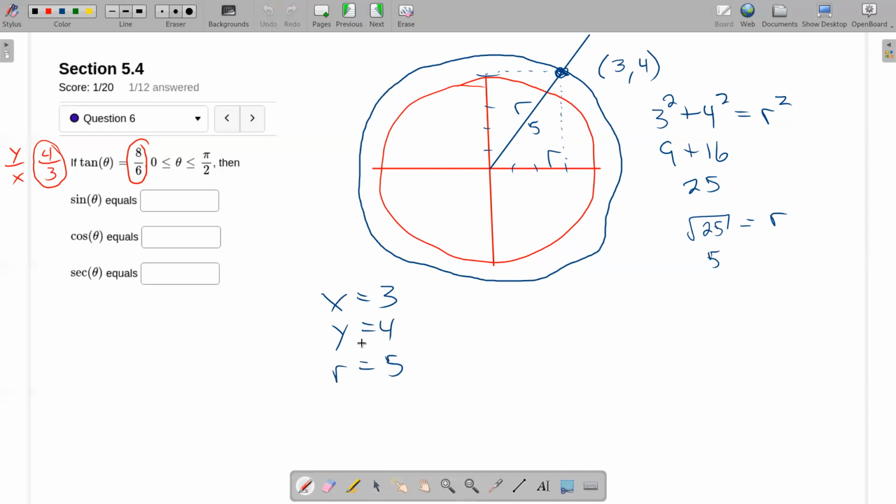Sine is the y value divided by the radius. And so that's going to give me 4/5. Cosine is x divided by the radius. So that's going to give me 3/5. And the secant is the reciprocal of the cosine, which is the radius divided by x. So that would be 5/3. All right, same thing I had before.